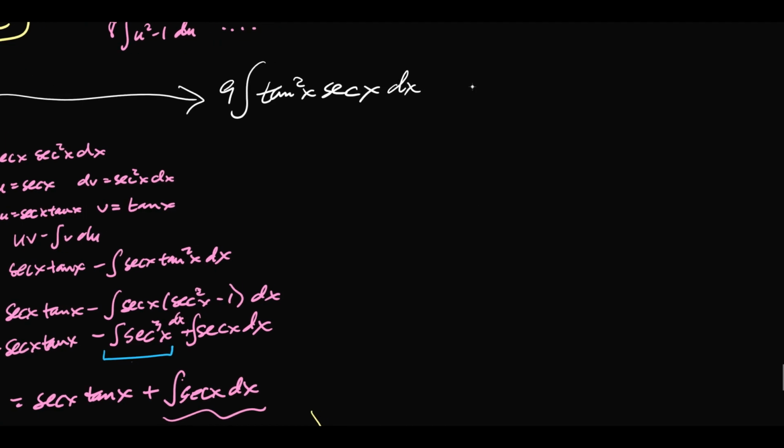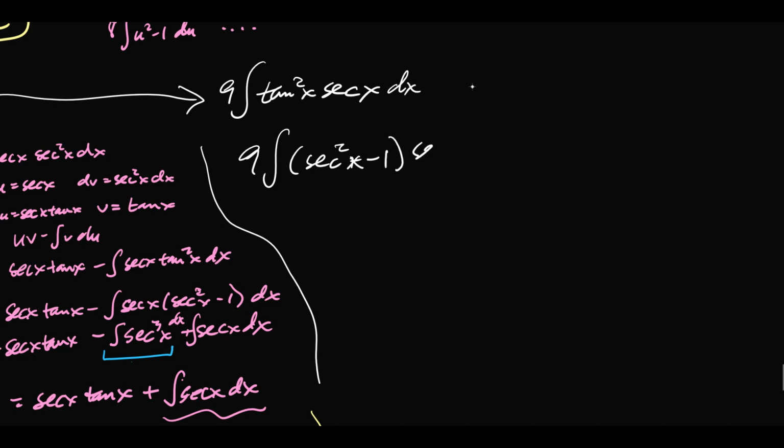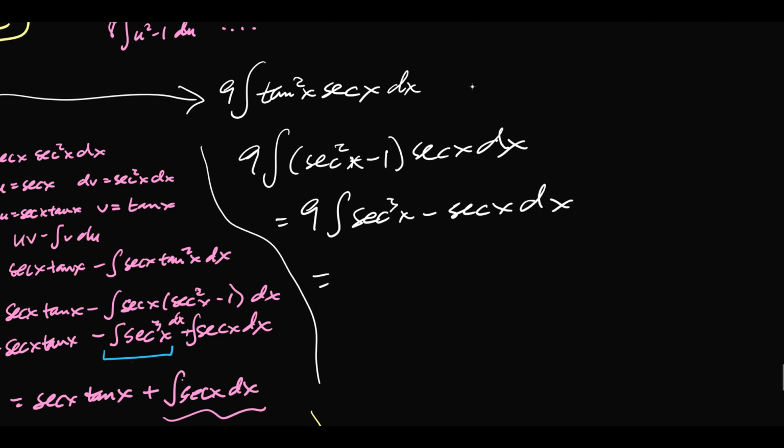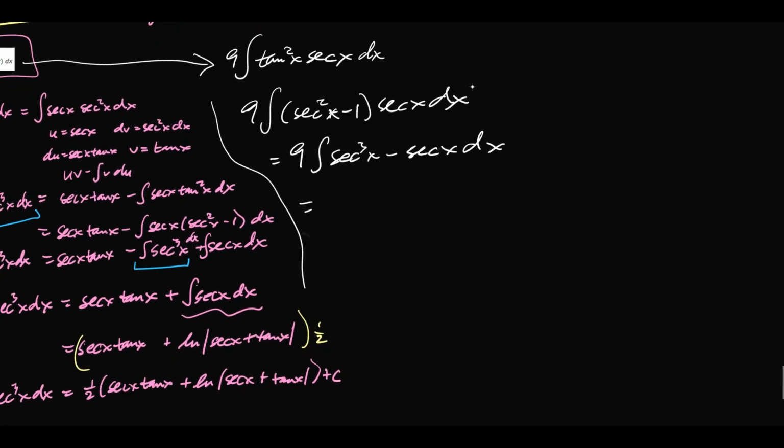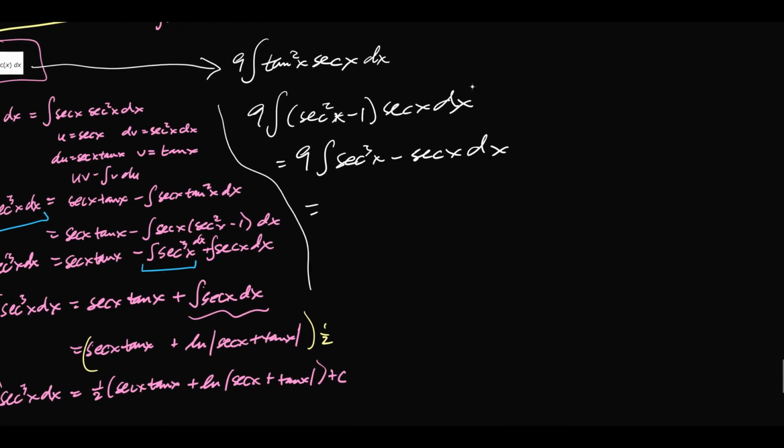And so what we have then is 9 integral secant squared x minus 1 times secant x dx. So that's 9 integral secant cubed of x minus secant of x dx. This is equal to the integral of 9 secant cubed, which we found from below, and then we have the integral of secant x.